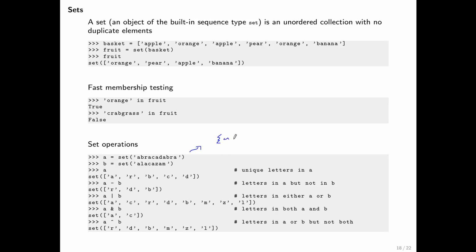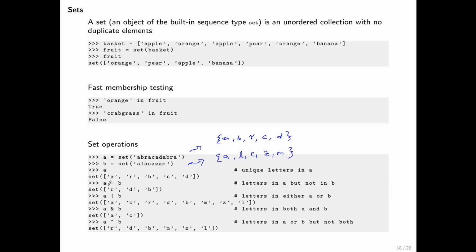So it's going to be A, B, R, C, and D, right? Just those characters. And what is this set going to be? Well, it's the characters from this string without duplicates: A, L, C, Z, and N. And now you can perform set operations on these two.